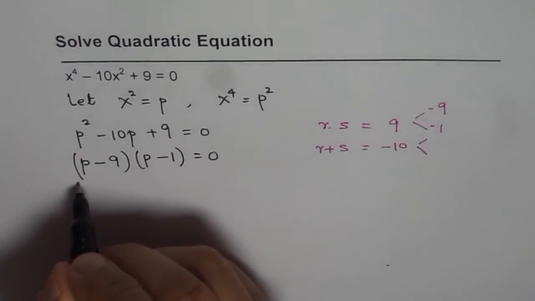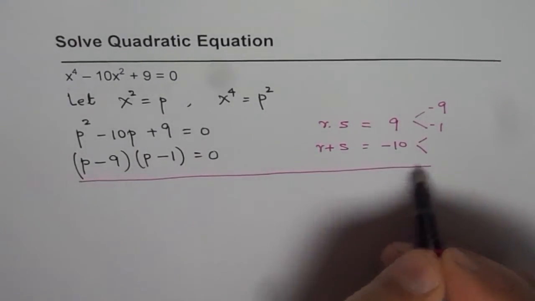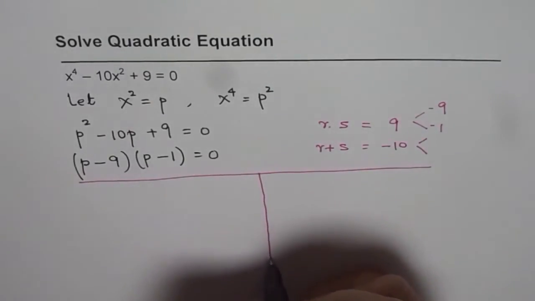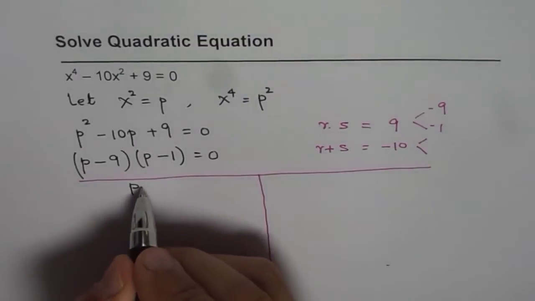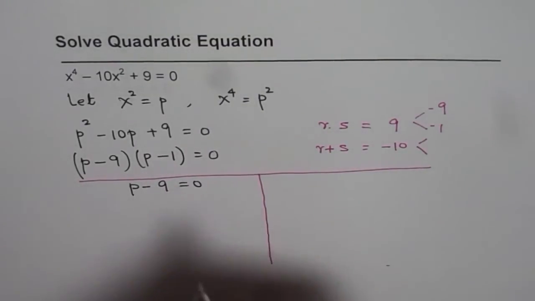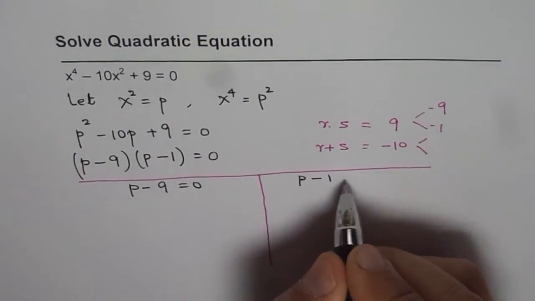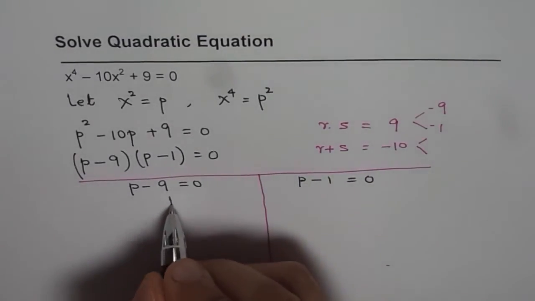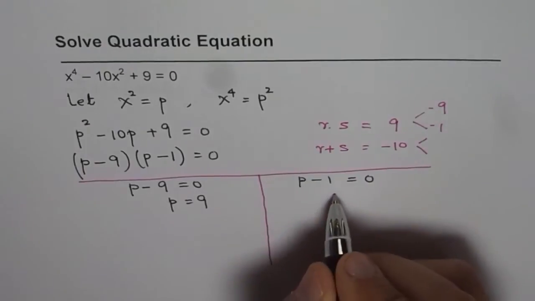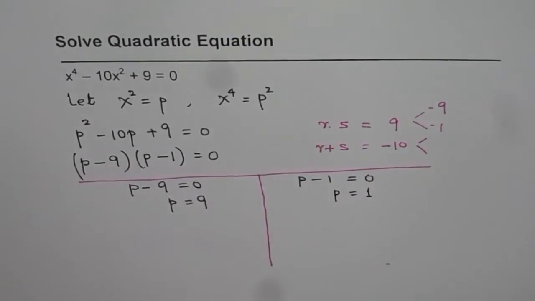So that gives rise to two solutions. Now the two solutions are, let's divide the page into two portions. One is p minus 9 equals 0. The other one is p minus 1 equals 0, right? Solving them, we get two different answers, which is p equals 9 and here p equals 1.